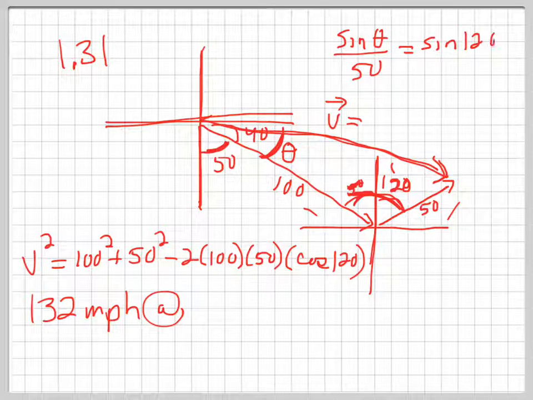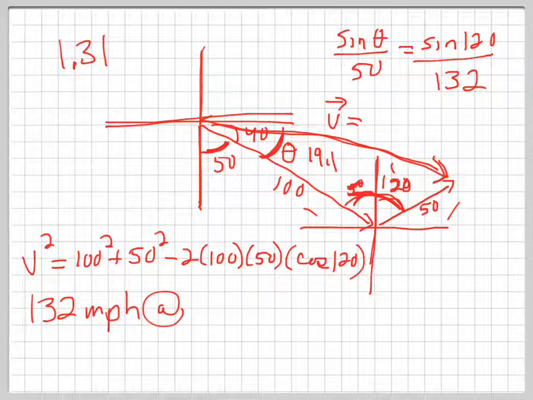We'll use 120 because it's the only one we have, over its opposite side, which we just figured out was 132. So I can cross multiply and divide. Sine 120 times 50 divided by 132. And then I'll do inverse sine. And I get an angle in here of 19.1.